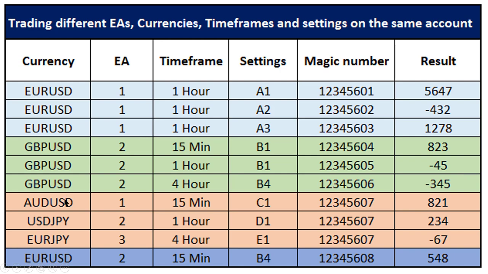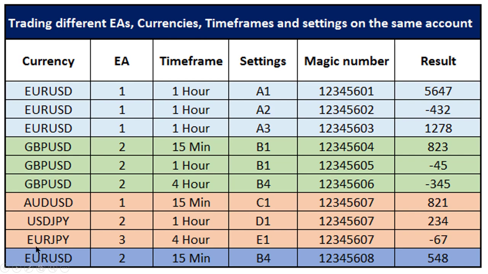Then we have another version where, if you look at this orange section here, we have 3 different currencies. Now, because they're 3 different currencies and they have not been used before in this particular account, we don't have to worry about unique numbers, because the currency name will make the results unique for itself. So there we can have the same magic number because the currency names differentiate the results.